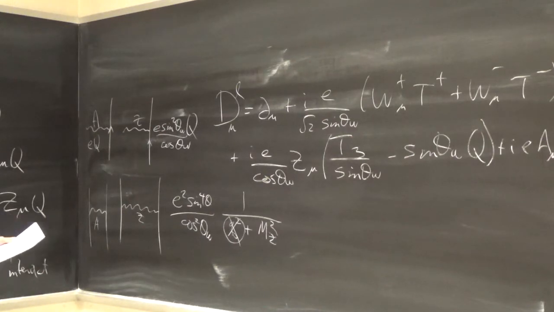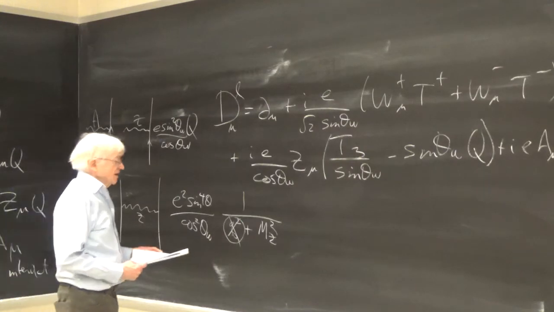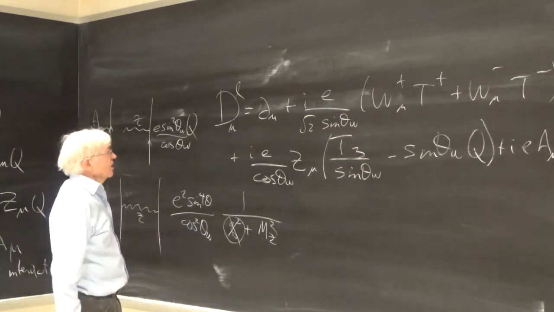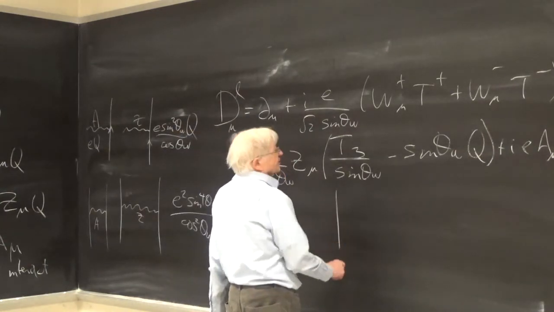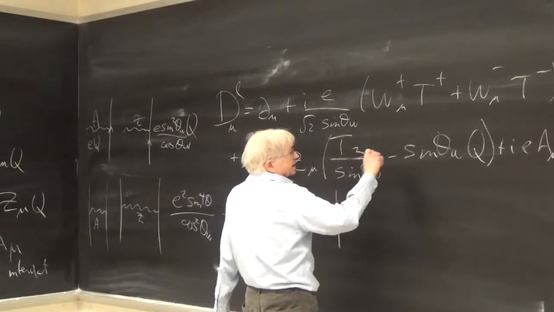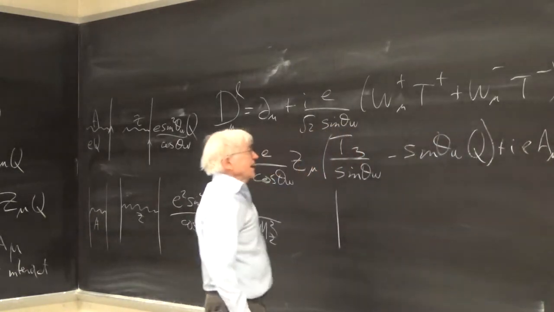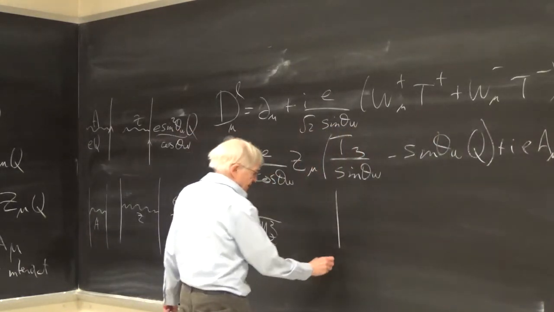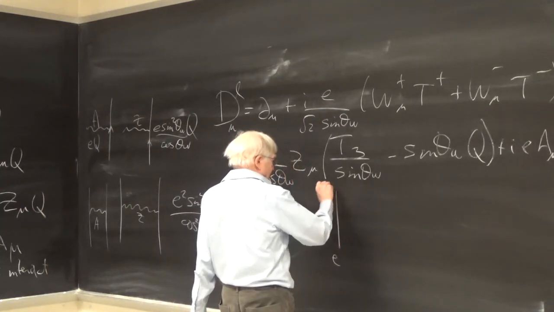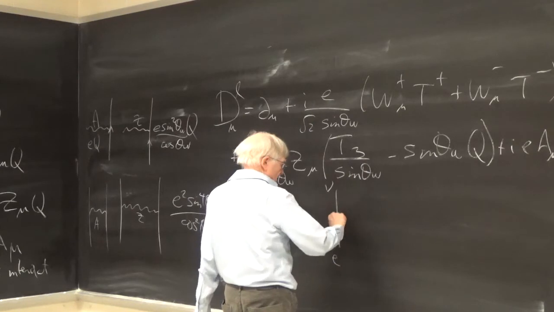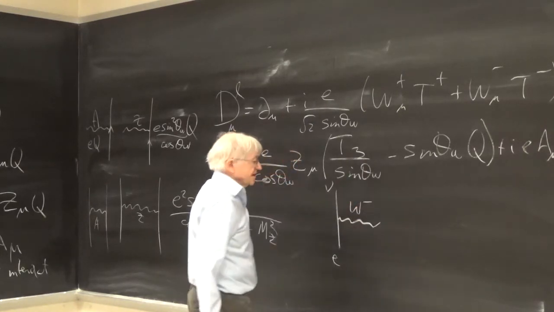So that's basically the picture. And now what we've got is you can have, for example, let's say we have an electron going along, and it could turn into a neutrino emitting a W minus.